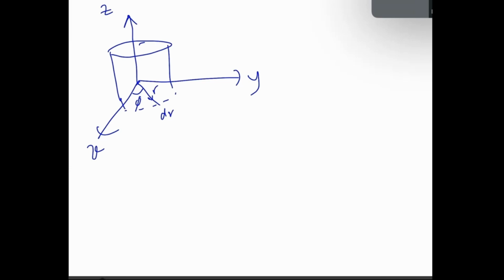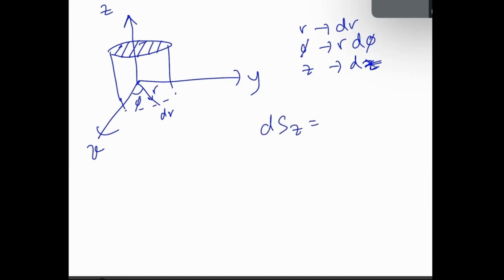Again, the change of r is dr. The change of phi is r d phi. This one is arc length. The change of z is equal to dz.